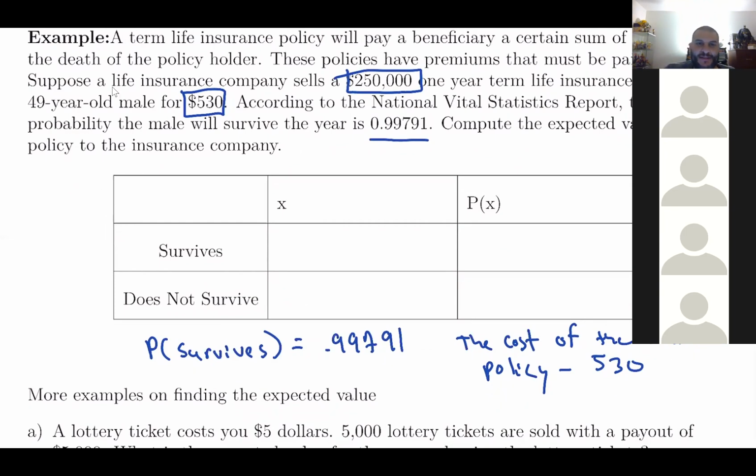If you look right here, it says suppose the life insurance company sells a $250,000 one-year term life insurance policy to a 49-year-old male. So this is the payout.